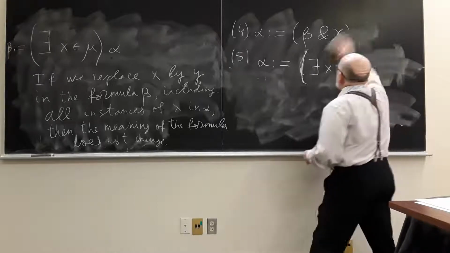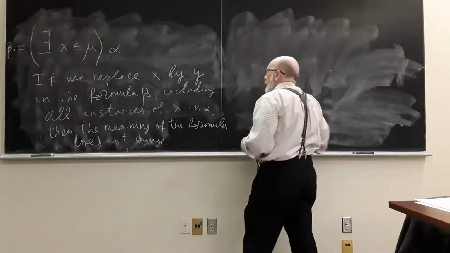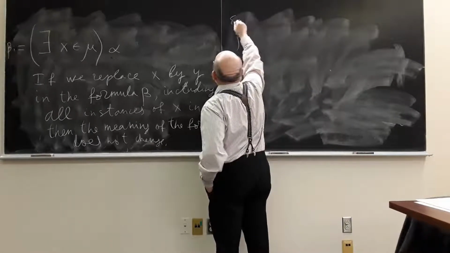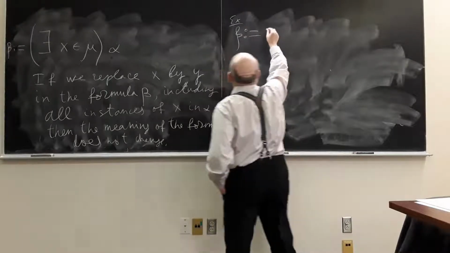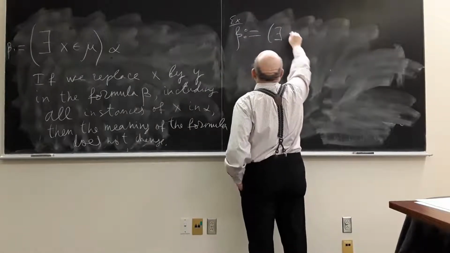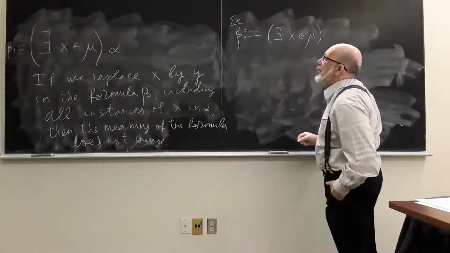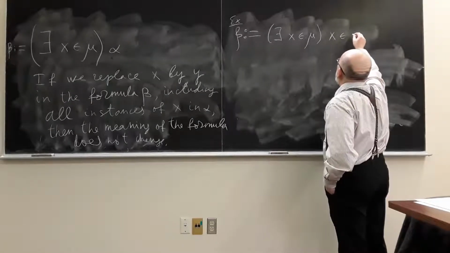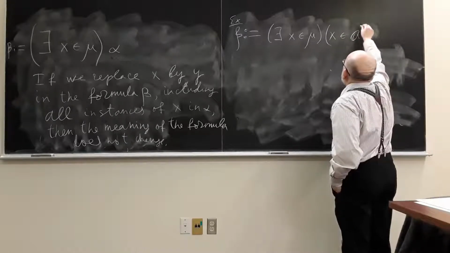No, let me give an example. Beta is the following formula: there exists x in mu, where mu is a term, such that x is an element of some a.